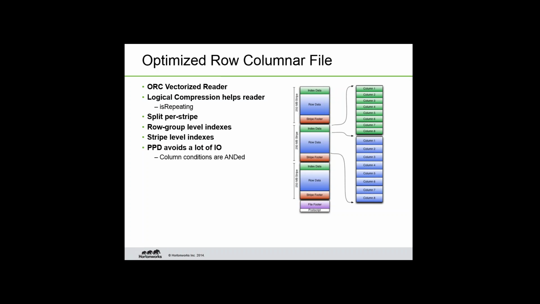Column conditions are always applied here. We'll see the execution plan and the vectorized execution mode in the hands-on, how the features work and what query planning is operationalized for this ORC file format.